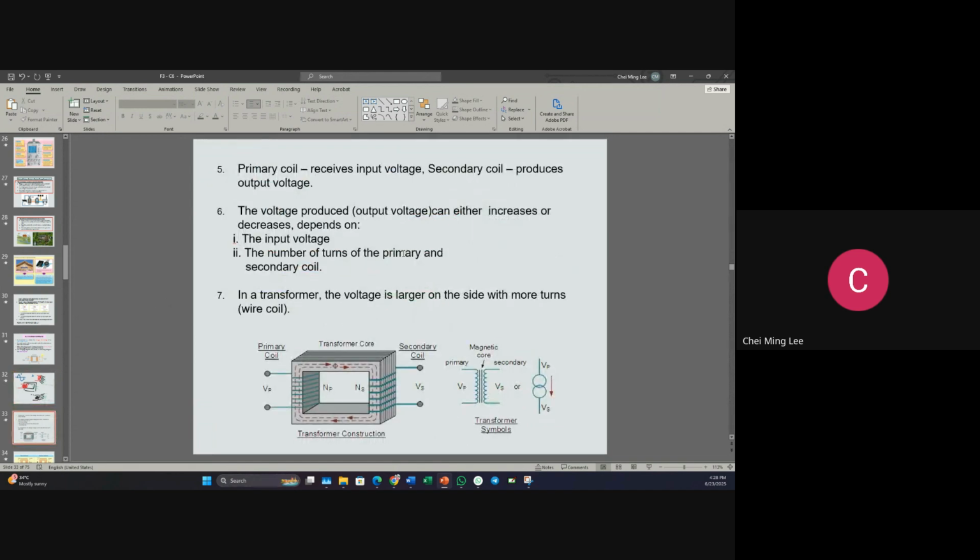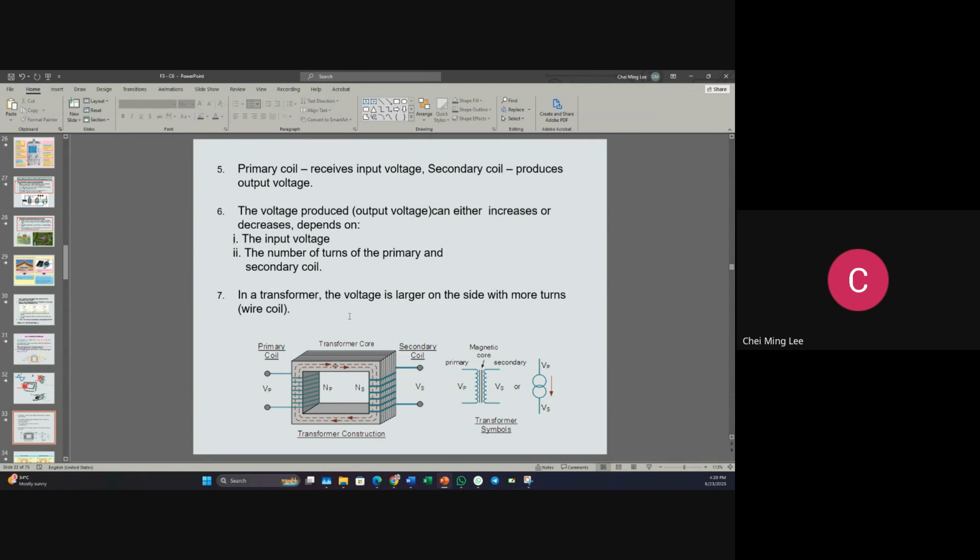Now, the primary coil, the left side, normally receives the input voltage, which means a current comes in, while the secondary coil produces the output voltage. The output voltage can either increase or decrease, depending on your input voltage and also the number of turns of the primary and secondary coils.